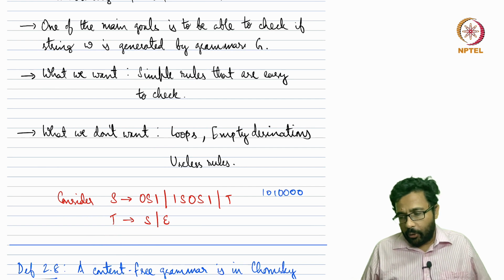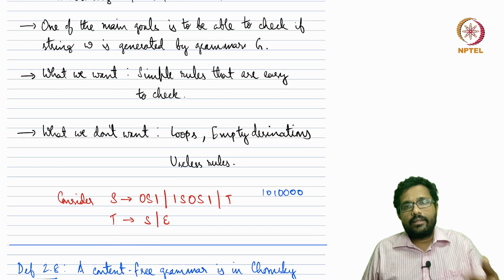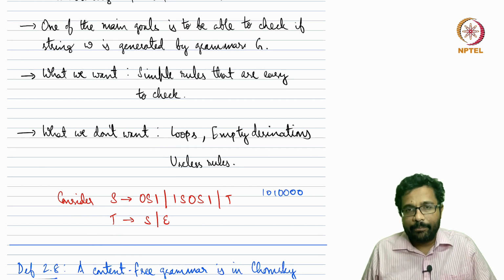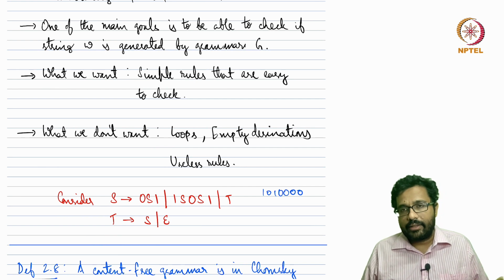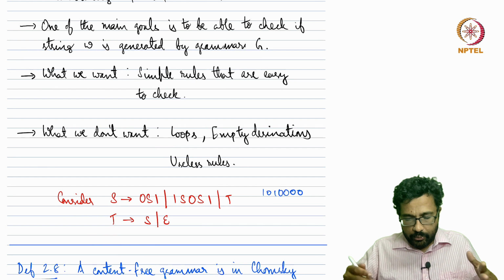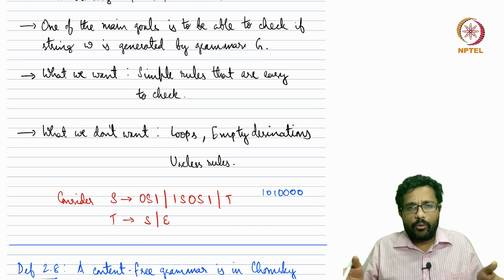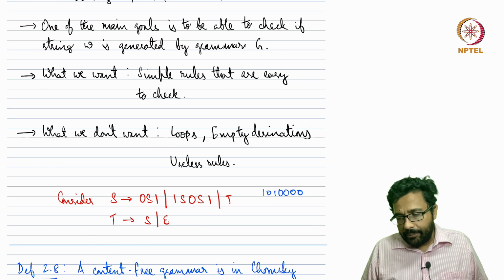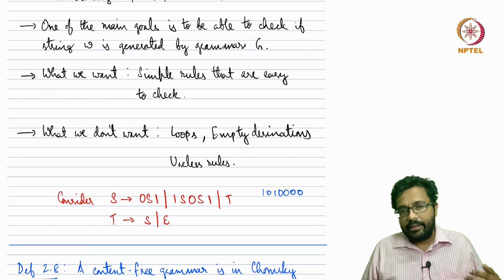One possibility of checking whether this string is derived from this grammar is to try out all possible derivations up to a certain length. You try out all the rules, and it may come out as a tree, and see what the strings of length 2, 3, 4 and so on are.